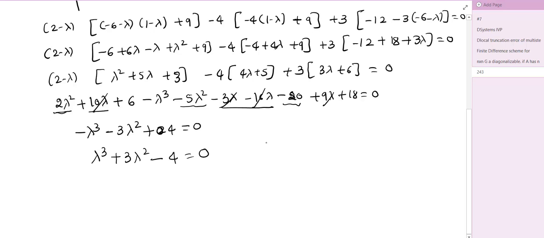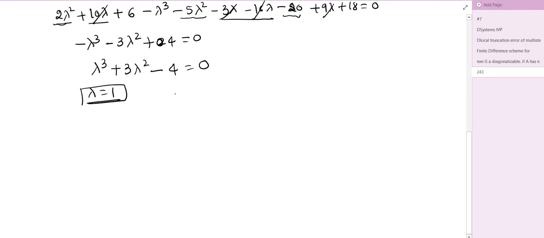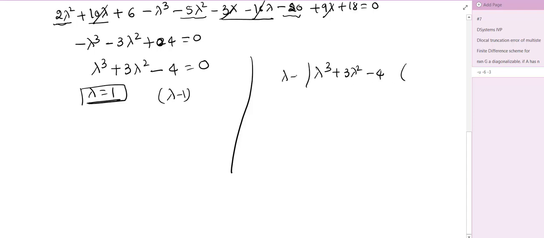By substituting, say, lambda equal to 1, what I get here is 1 plus 3 is 4 minus 4, that is 0. That implies lambda equal to 1 will be one of the roots of this equation. So lambda minus 1 will be a factor. We can divide lambda cube plus 3 lambda square minus 4 by lambda minus 1.